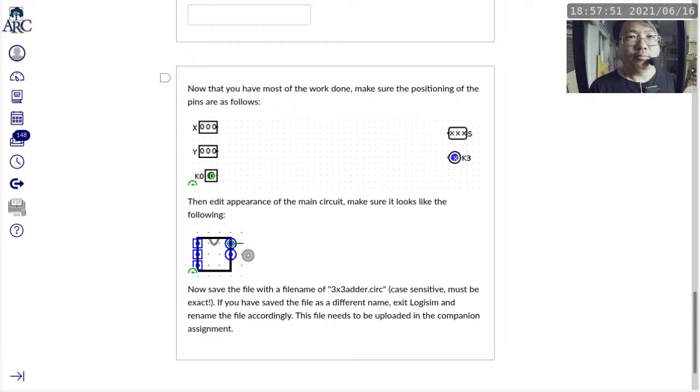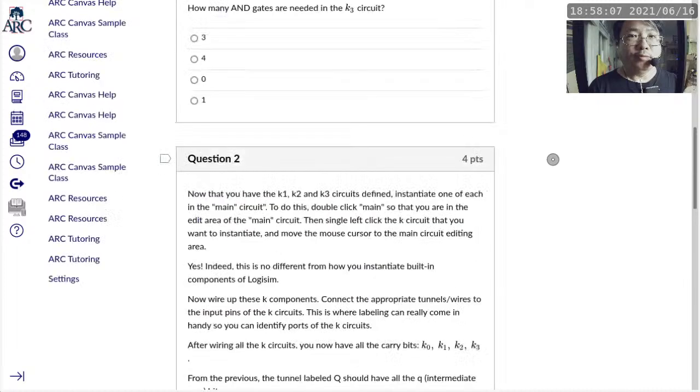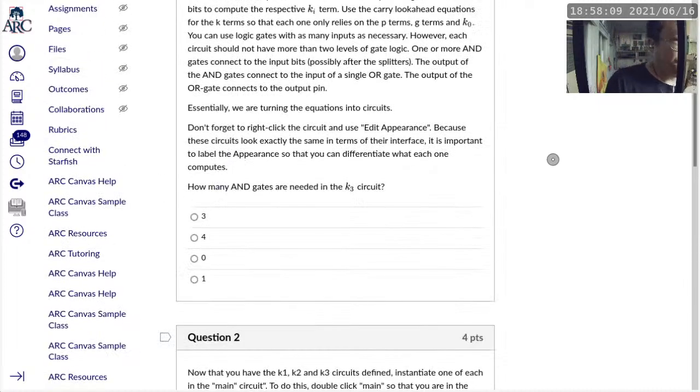So you just need to double check this for people who are already done with the project. This is just one last thing to double check. Otherwise, there's nothing new for part 2 of that lab.